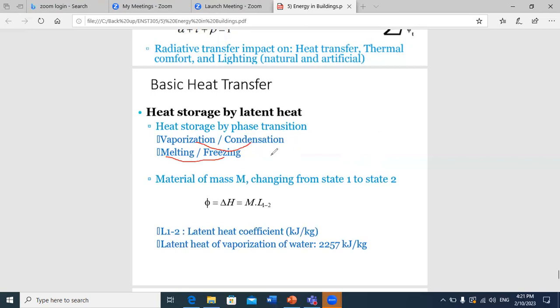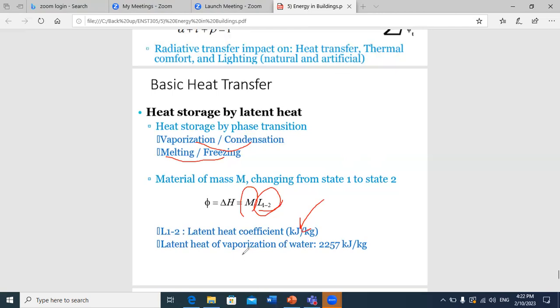Now, in case we are relying on heat storage by latent heat, we can compute the amount of heat stored by M, which is the total mass, times the latent heat coefficient. The latent heat coefficient is a property of the material you are using, and the value of latent heat is in kilojoule per kilogram.